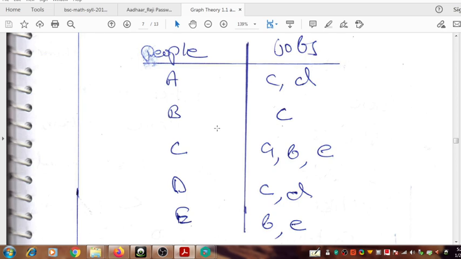A particular job can be assigned to only one person. Not only that, the job must be preferred by the selected person, and these are the conditions that should be followed when we find an answer to this problem.